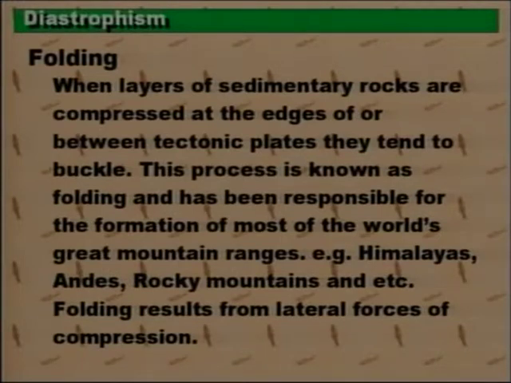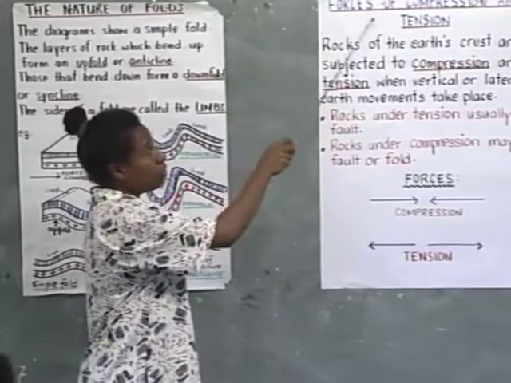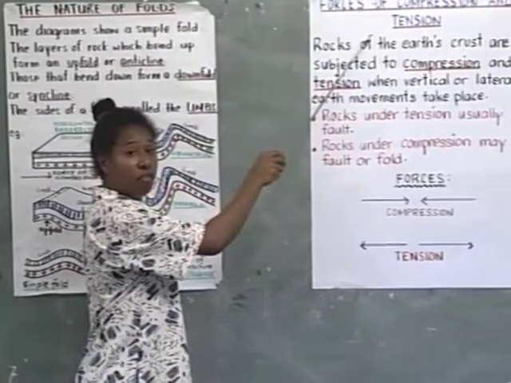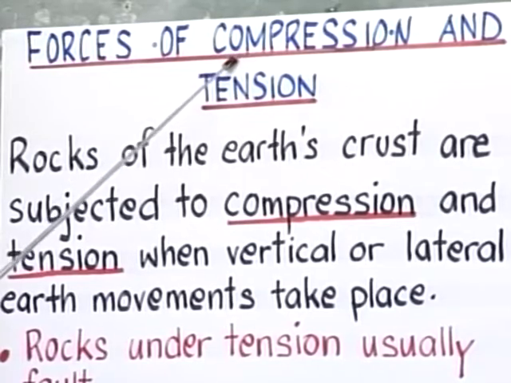Let's look at the information from the chart here, which should also help us understand a little bit more about that force which is exerted on layers of sedimentary rock, resulting in the buckling of the Earth's crust. There are two important forces, but for our work on folding, we are going to concentrate on the forces of compression.